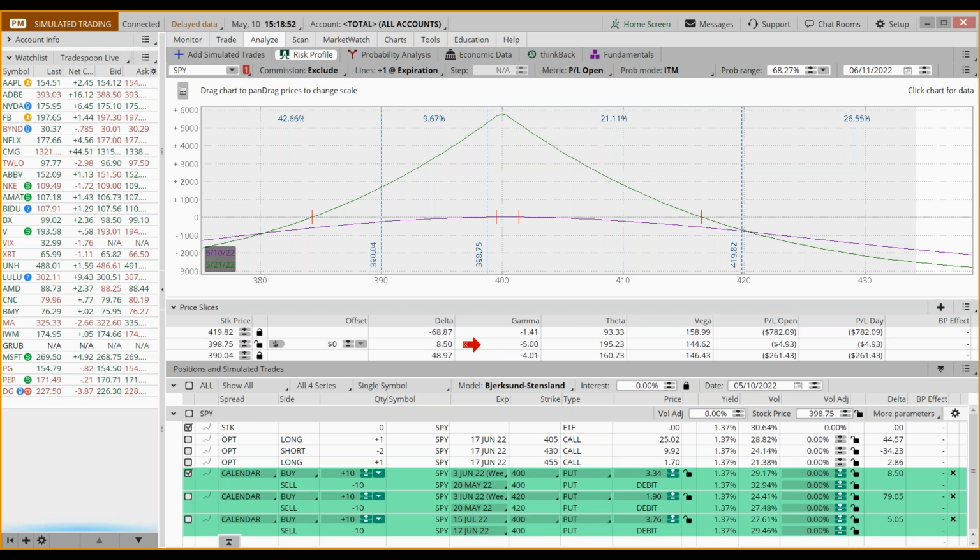For example, if I wanted to control the S&P 500, I could buy 100 shares of SPY. That's going to cost me $40,000 for 100 shares. Or I can buy an option and control that amount. Or I can buy a futures contract and I can control it.